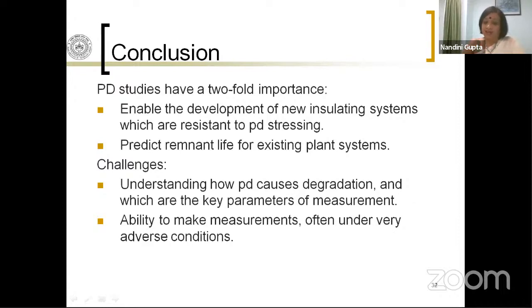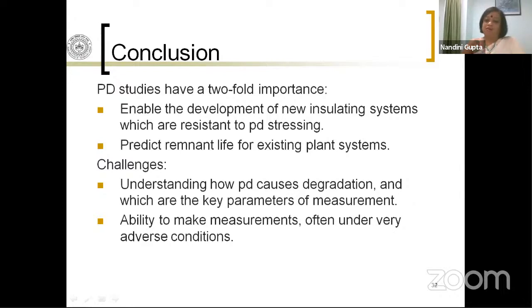We still don't have a thorough understanding of how PD causes degradation. If we knew that, it would be easier for us to estimate what course of action to take. And what are the key parameters of measurement? What should I measure to be able to get a proper estimate of how serious the PD condition is?